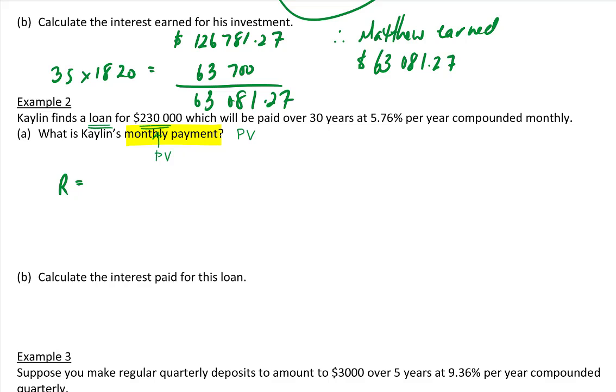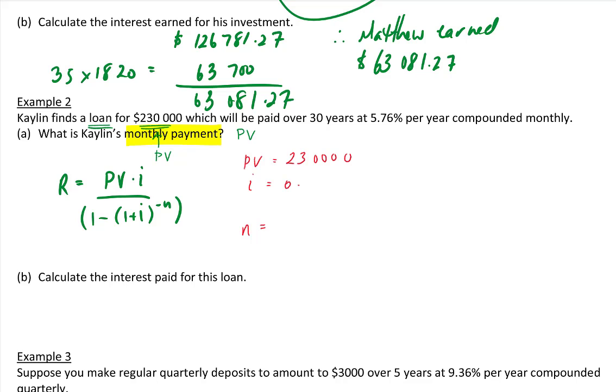And since this is a loan, we're going to use our present value formula, so R equals PV times I over 1 minus (1 plus I) to the negative N. So for this one, we need our present value, we need our interest rate, and we need the number of compounding periods. So the amount of our loan is $230,000.